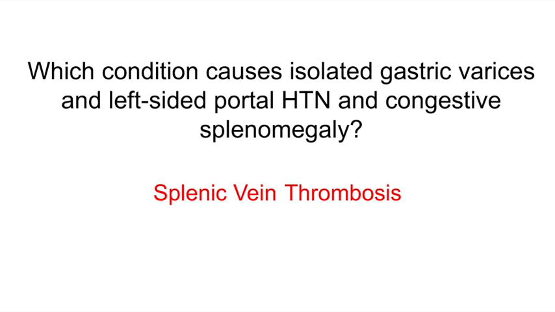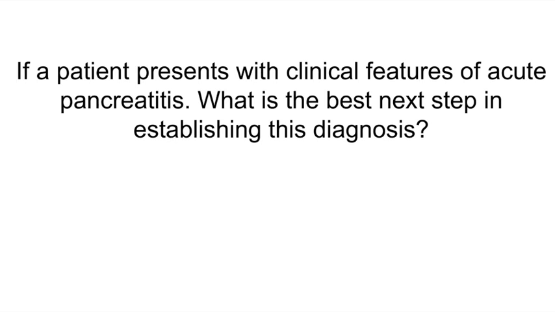If a patient presents with clinical features of acute pancreatitis, what is the best next step in establishing this diagnosis? Serum blood tests only. It's important to note that 2 of the 3 are required to diagnose acute pancreatitis.